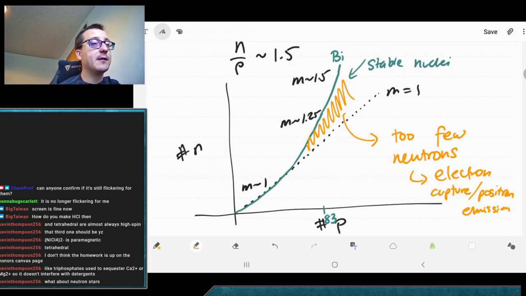So you have too few neutrons, you need to convert a proton to a neutron, and so you'll do that with electron capture or positron emission.